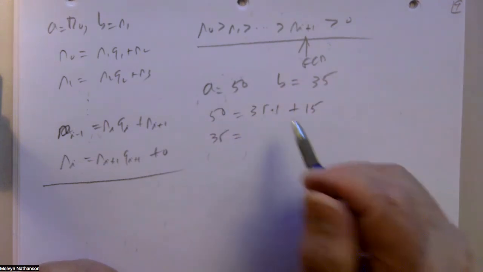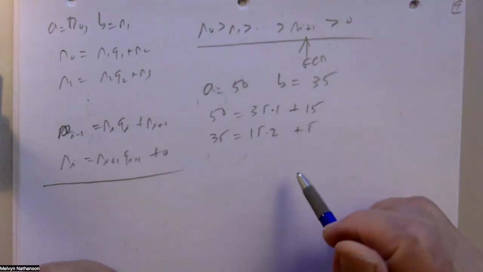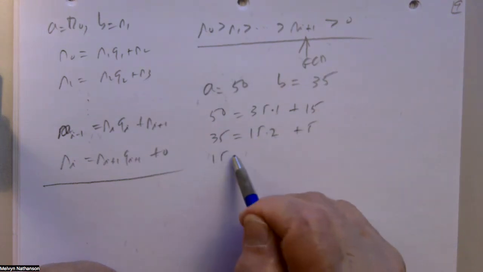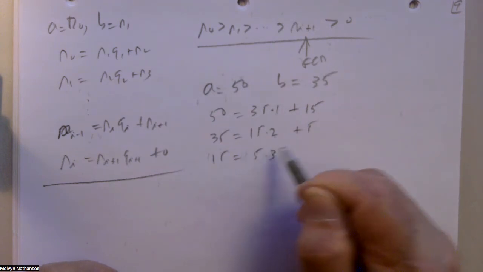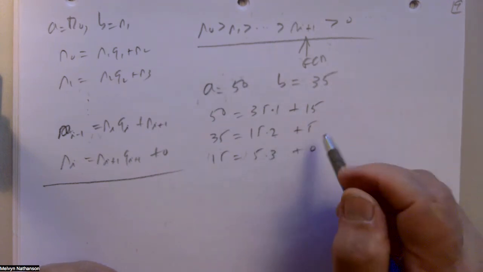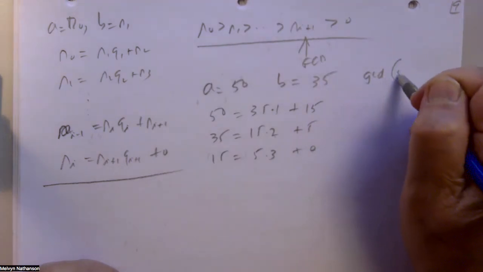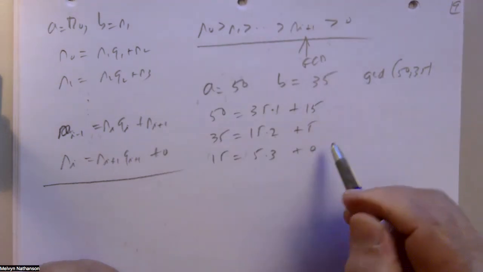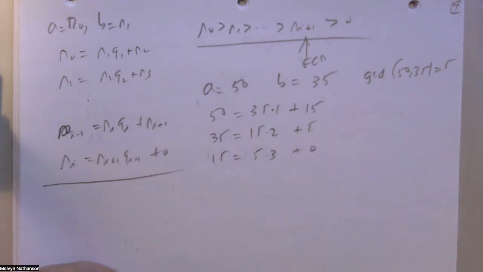If I take 35 and I divide it by 15, I get a quotient of 2, and a remainder of 5. If I take 15 and I divide it by 5, I get a quotient of 3, and a remainder of 0. So the GCD of 50 and 35 is the last positive remainder. It's equal to 5.